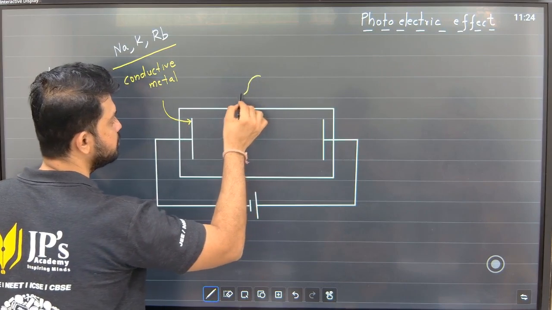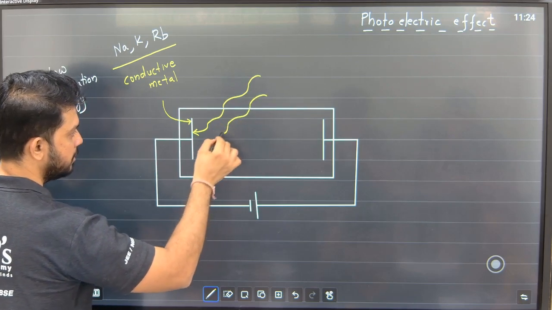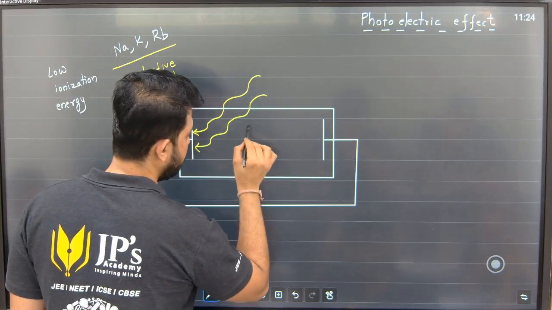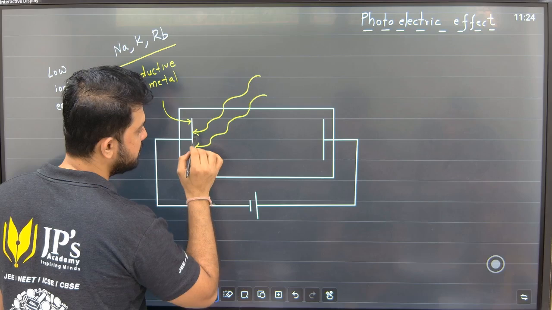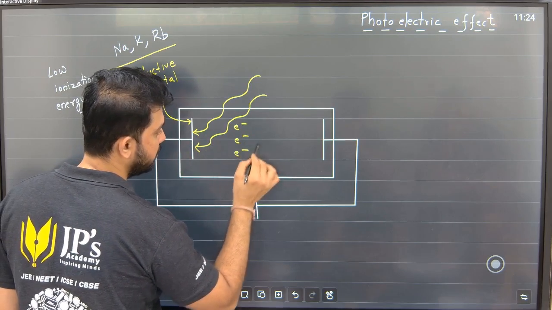light was incident on the metal, and he observed that as soon as light was incident on the metal, electrons came out of the metal.